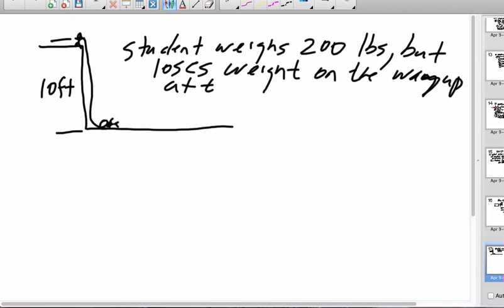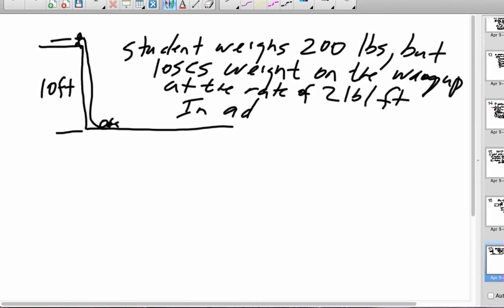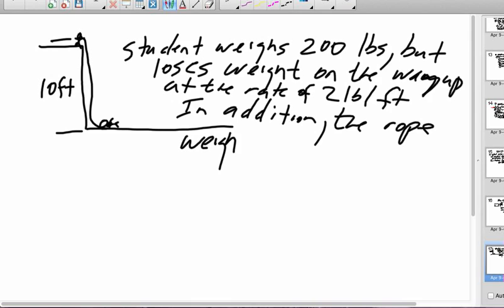At the rate of 2 pounds per foot. In addition, the rope weighs 5 pounds per foot.